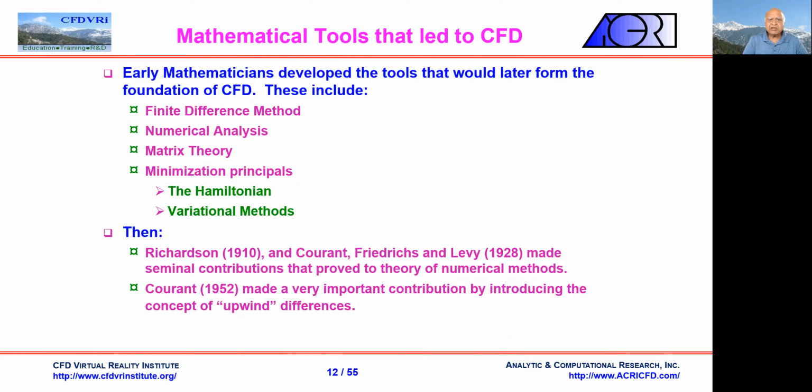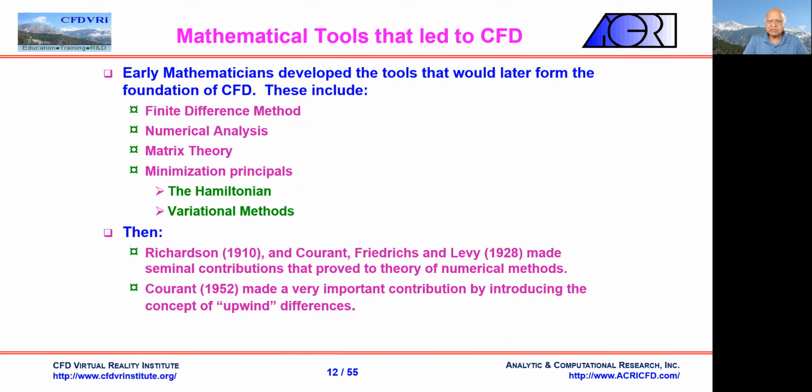So let's look a little bit at the history of what contributed to CFD. Like any science, Newton said, I stand on the shoulders of giants and therefore I see far. That is true of every branch of science. CFD also stands on the shoulders of mathematicians who went before it.